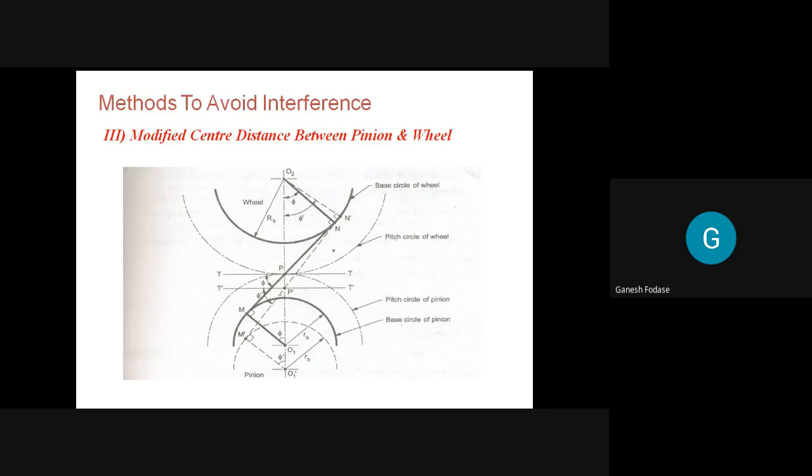The third method to avoid the interference is to change the center distance. Initially, the center distance was O1O2. I'm just discussing all these methods in brief. To avoid the interference, we shift the center distance from O1O2 to O1'O2'. If the center distance is shifted, the pressure angle is increased.